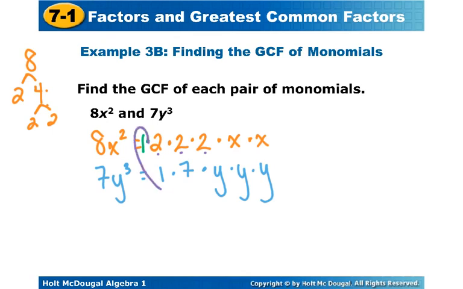Sometimes you might have to think a little bit basic in the sense of, what's the number that they're going to share? So in this case, your greatest common factor is just going to be 1. There's no other term or variable that they're going to have as a greatest common factor. It's simply just going to be 1. And that's okay. Not all numbers are going to have greatest common factors.